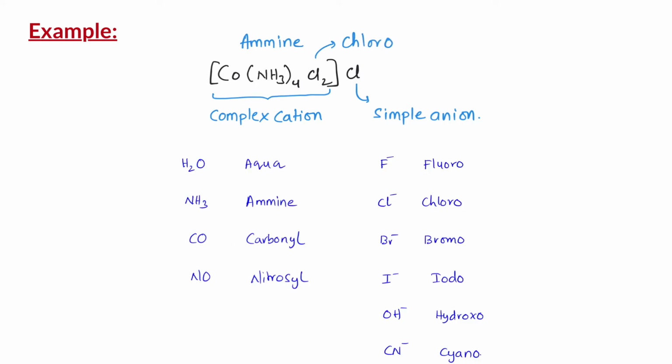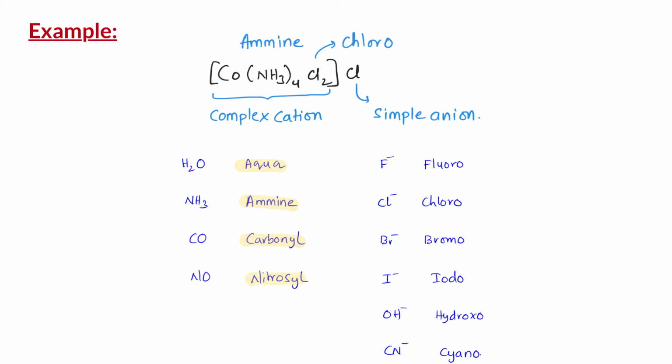A list of the most common ligands that we use in this course and their names are listed below in the table. H2O is called aqua, NH3 as we discussed is called ammine, CO carbon monoxide is called carbonyl, NO nitric oxide is called nitrosyl.